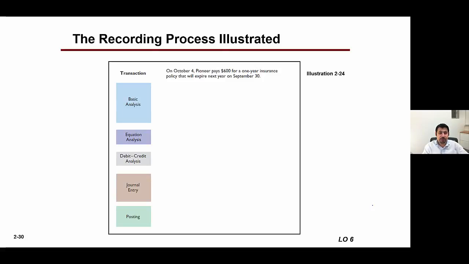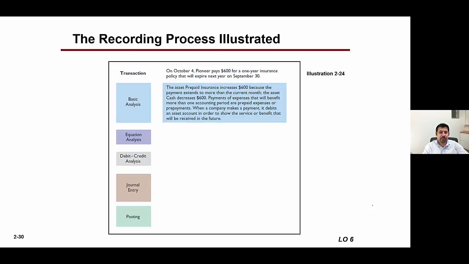Because Pioneer has not utilized this insurance policy. As a result, this insurance policy is considered a prepaid insurance expense, and this is an asset. Later on, Pioneer will be using this asset in their business to generate revenues.